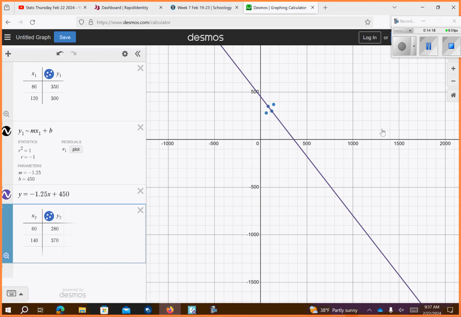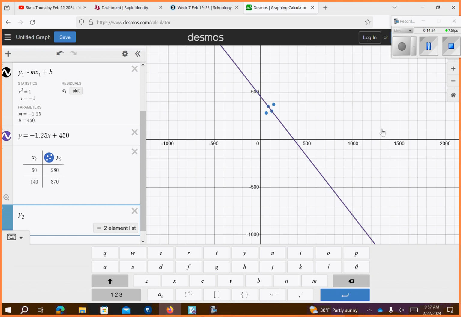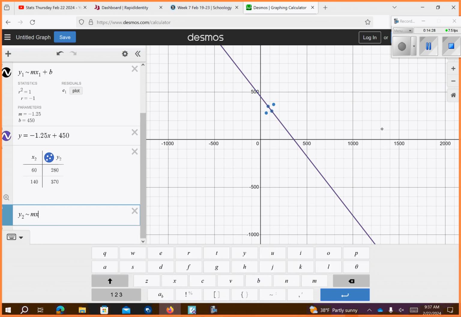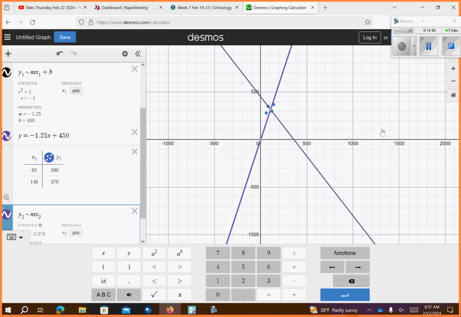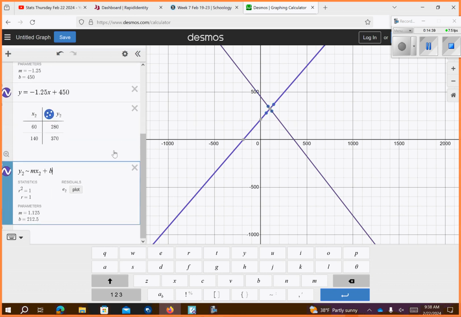So move down a little bit, come down to the next one. This is x2, y2, so I'm going to go y sub 2 tilde m x sub 2 plus b. So it already graphed it for you, which is nice.